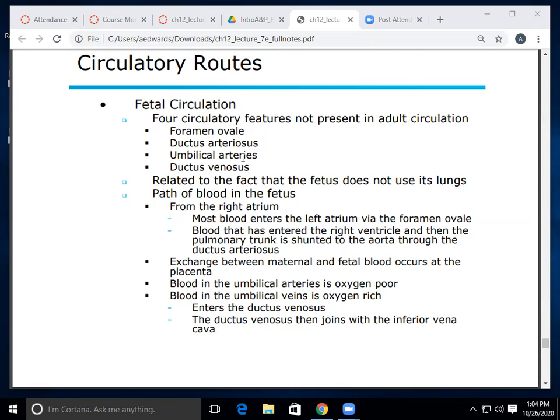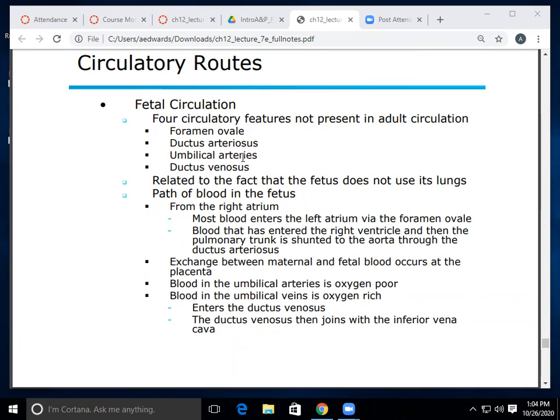The path of blood in the fetus starts at the right atrium. Most of the blood enters your left atrium through the foramen ovale. So there's basically a hole in the heart, and blood spills from the right atrium to the left atrium.